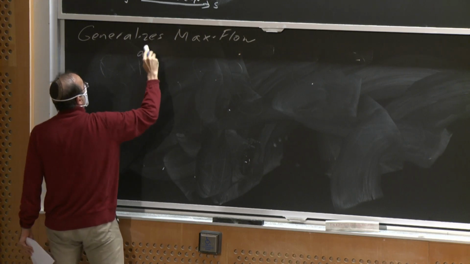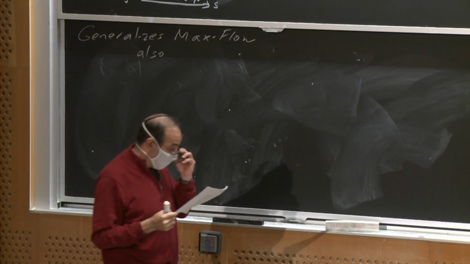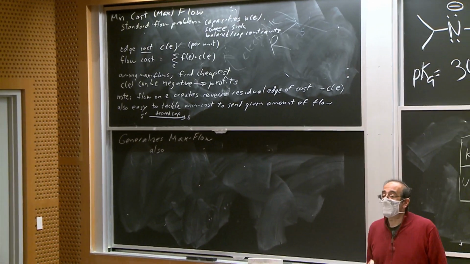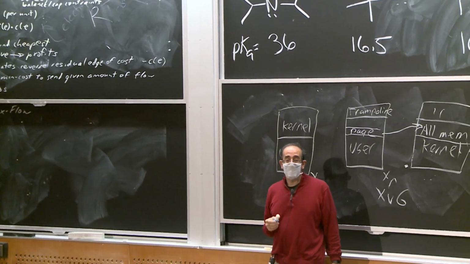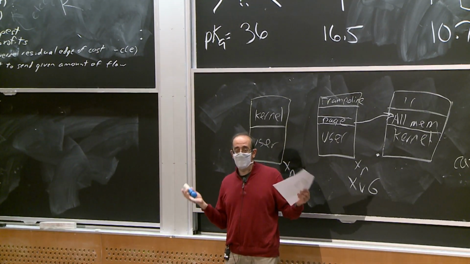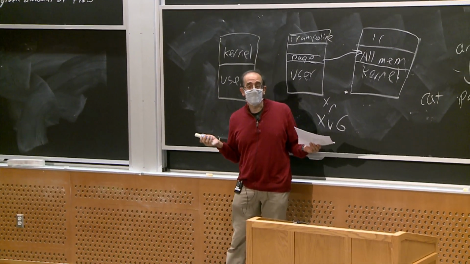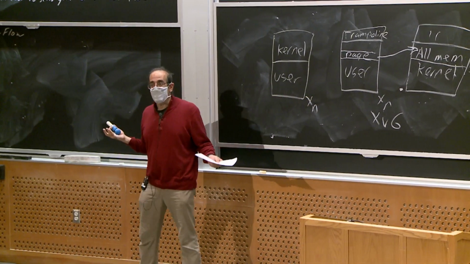But there's another well-known problem that the min-cost flow generalizes. So suppose that I give you a graph with unit capacity edges, and I ask for the cheapest way to send 1 unit of flow from S to T. How would you answer that question?